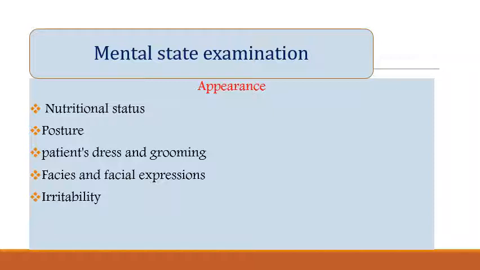The facial expression of the patient. If I am facing a patient with masked features, no facial expression, he may be suffering from depression or Parkinson's disease. Irritability. If my patient is irritable, he may be suffering from a post-ictal state or, for example, pre-hepatic coma.